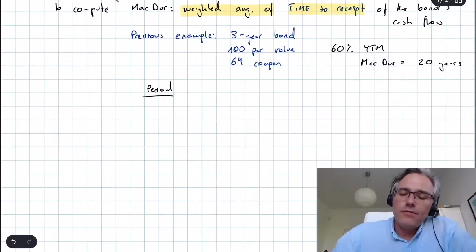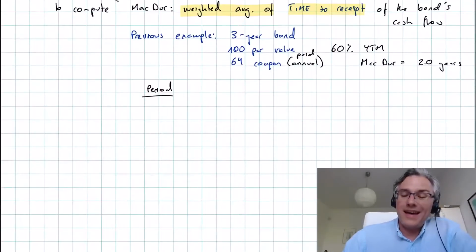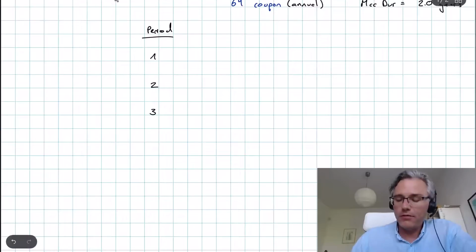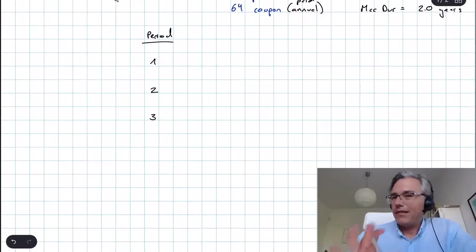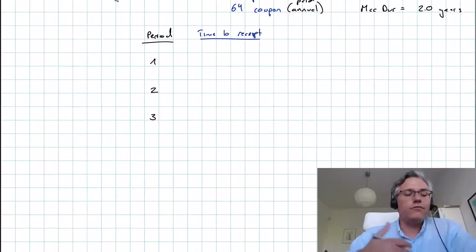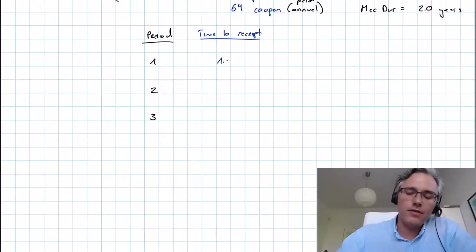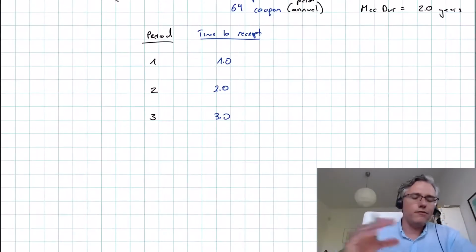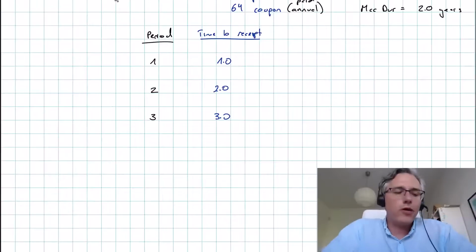I'm going to assume, like I did before, that these coupons are paid annually. So you're going to have 1, 2, 3 coupon payment periods. Now, at the date of issue, the time until you receive these coupons is accordingly 1 year, 2 years and 3 years, or it's better to think in terms of periods, because later on we'll think about a bond that pays coupons semi-annually.